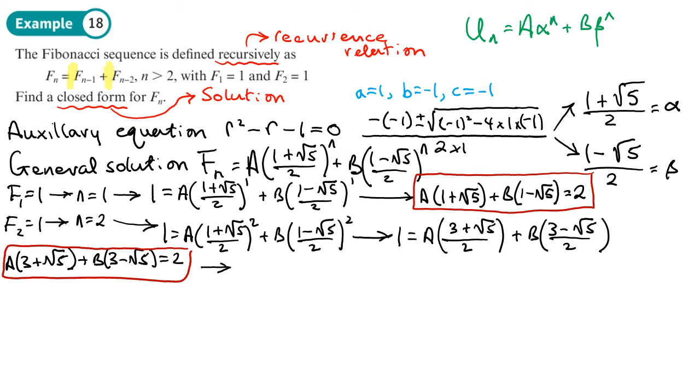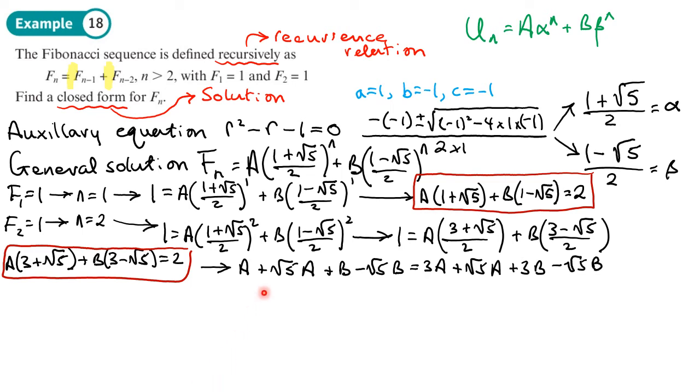So I'm going to expand the brackets as well as I do it. So I will write down that I've got a plus root 5a, this is from the first equation, plus b minus root 5b equals 3a plus root 5a plus 3b minus root 5b.